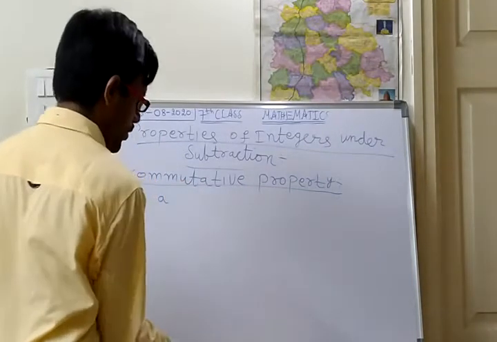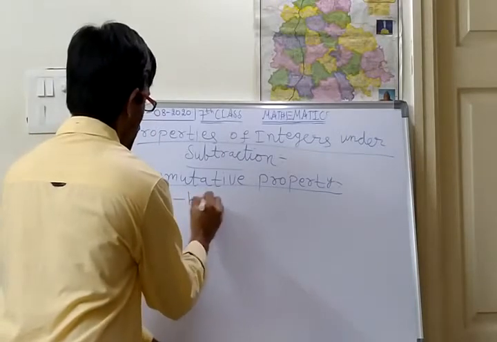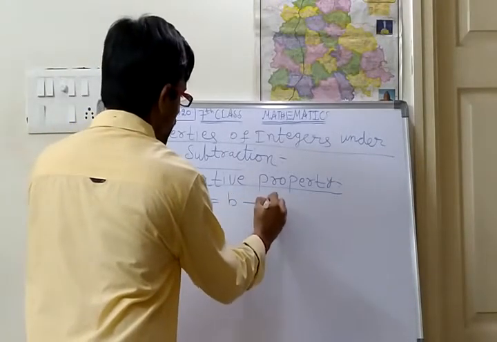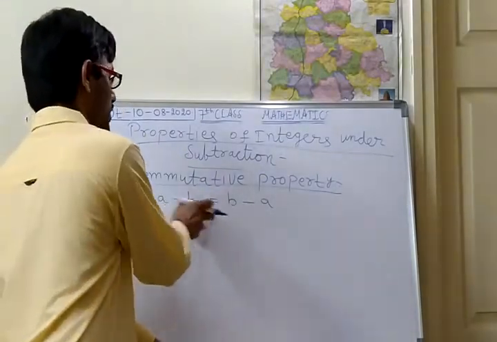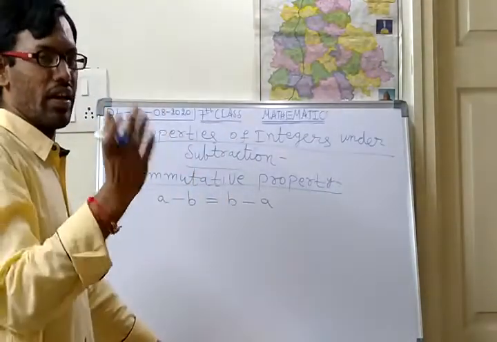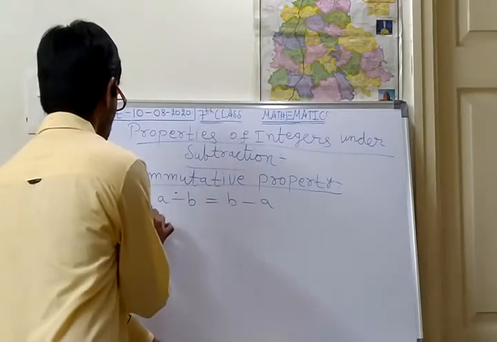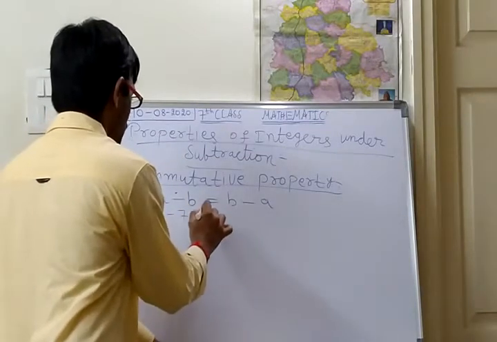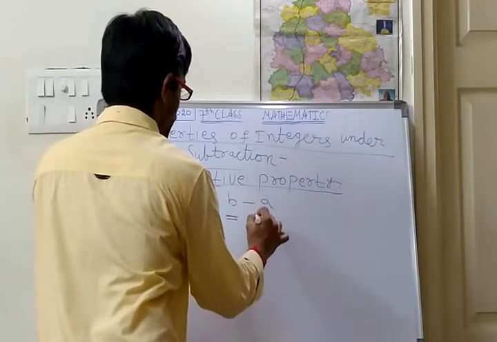A minus B is equal to B minus A. This is the commutative property. Whatever the A minus B is, that should give the B minus A. That means interchange. So suppose A equals minus 7 and B is any positive integer, I am taking 5.